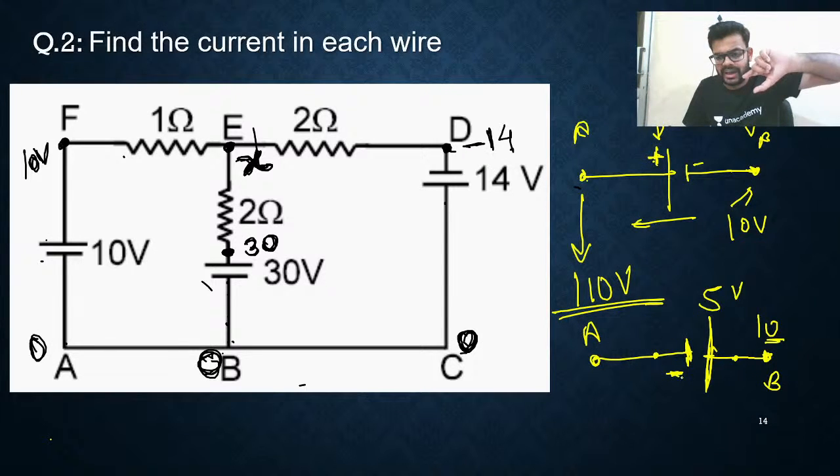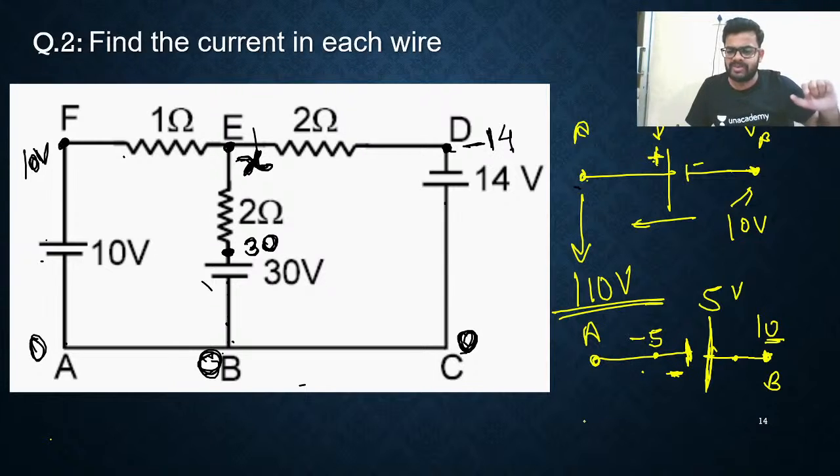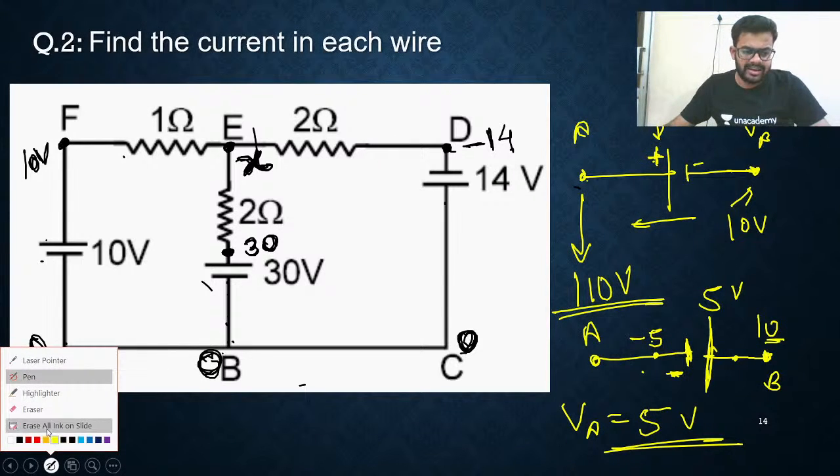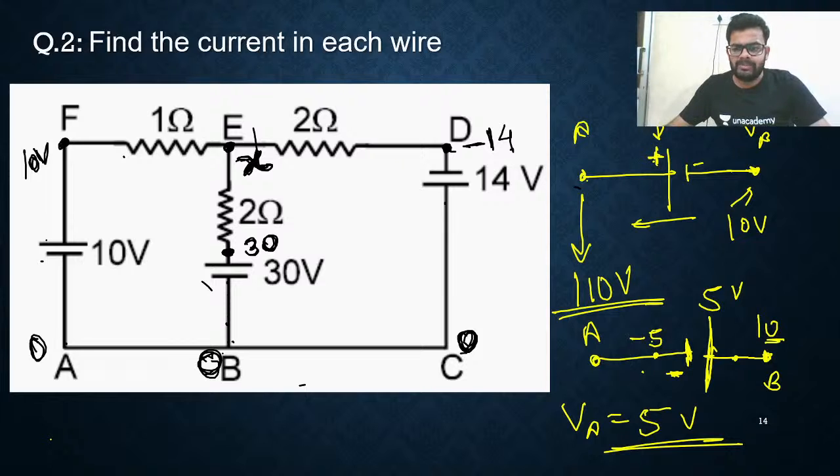This is negative, so you write minus 5 volt. So 10 minus 5 gives VA equals 5 volt. That's all. It is not the answer of this question. I am just explaining how to use the polarity of the cell, nothing else.